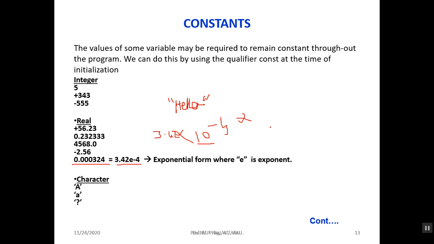Is there any doubt in this? These are constant values. Constant values can be either integer, real or decimal, or a character, or a string. Is this clear to all?